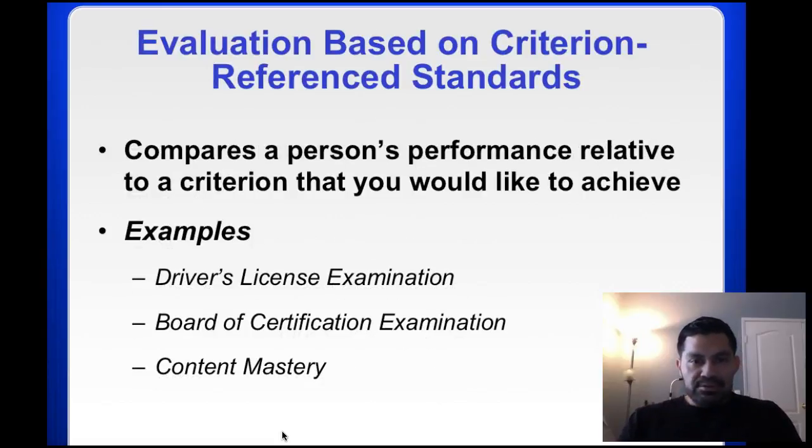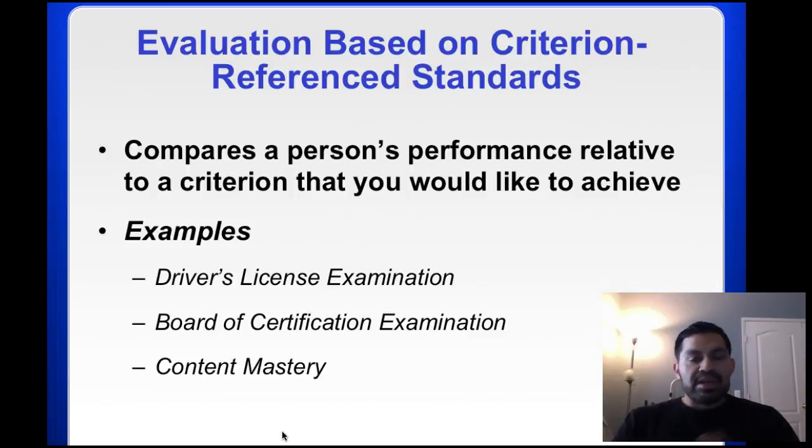Whereas a criterion reference compares your score relative to a criterion that you would like to achieve. So at some point, there was a minimum developed for each of these examples. A driver's license examination, a BOC exam. To become an athletic trainer, you have to pass a board exam, and then there's a minimum score.